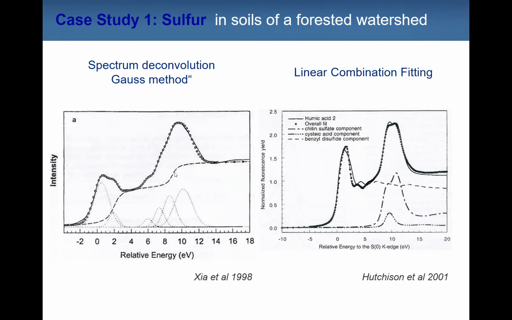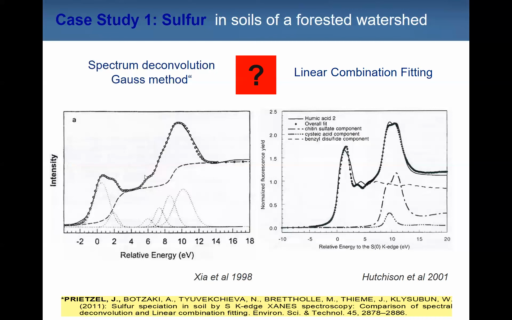Which is better depends on the element, it depends on the samples you're studying. And for soils, we did a study a couple of 10 years ago, which we published in ES&T, where we compared both techniques for analysis of standard mixtures and samples concerning sulfur XANES.